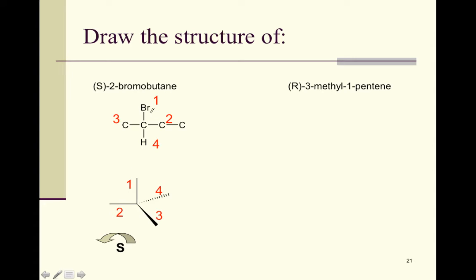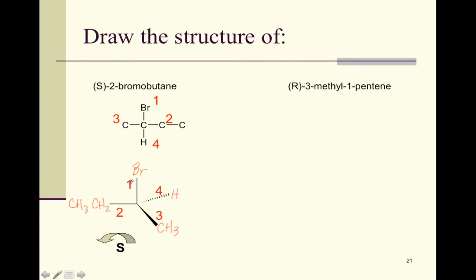So filling these in, I can see bromine is number 1. That will go here. Number 4, that's a hydrogen. Number 3, that's this one right here. That's a single CH3 group. And I have an ethyl group here, keeping in mind CH3 is on the terminal piece of that, then a CH2. And now I have drawn my S-2-bromobutane.